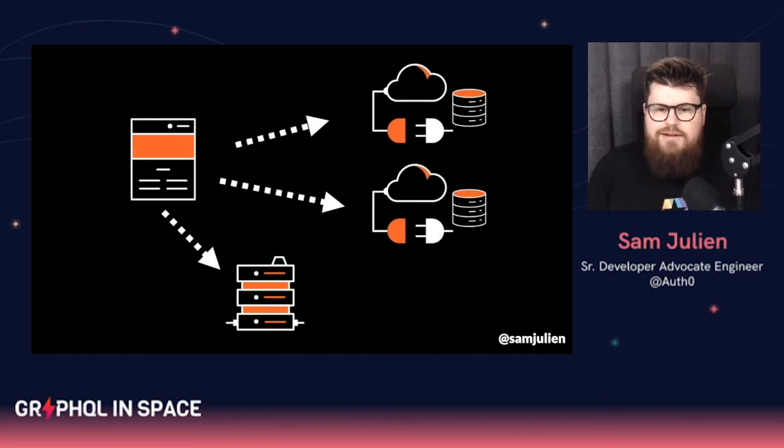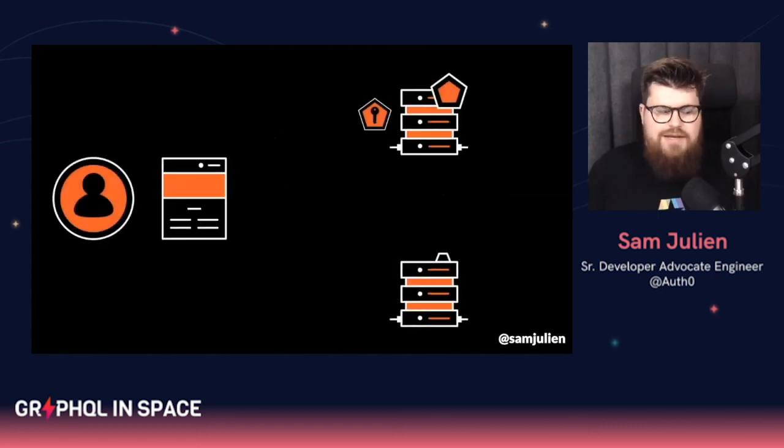But when we get a little bit more complicated, we start having to deal with third-party APIs, maybe an API gateway, and the problem becomes one of delegated access to things outside of just the first-party server. So we talked about the access token and how the authorization server will send that access token to the front end, which will then pass that along to our GraphQL server.